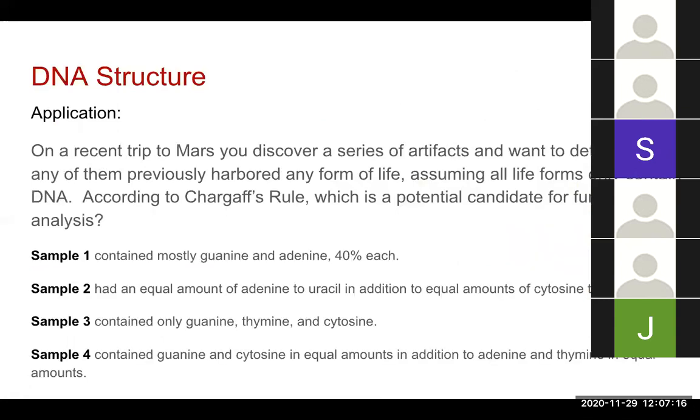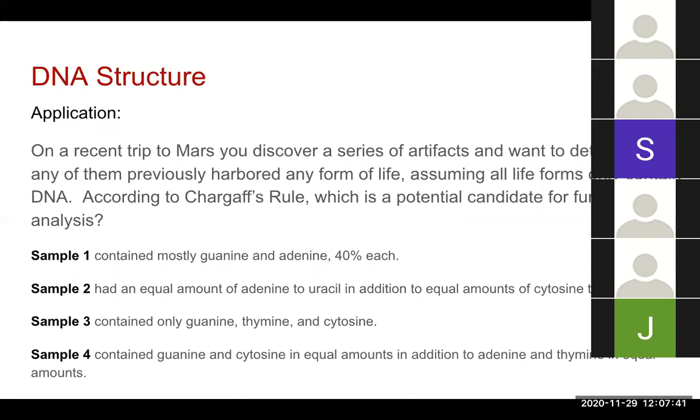And here's another application. On a recent trip to Mars, you discover a series of artifacts, and you want to determine if any of them previously harbored any life, assuming that all life only has DNA. According to Chargaff's rule, which is a potential candidate for further analysis? Sample 1 contains mostly guanine and adenine, about 40% each.